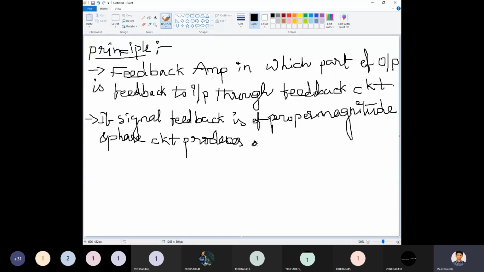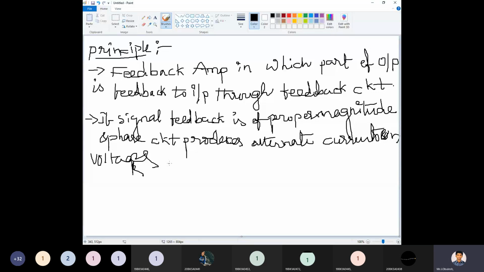So an oscillator is a type of feedback amplifier in which a part of the output is fed back to the input through a feedback circuit.